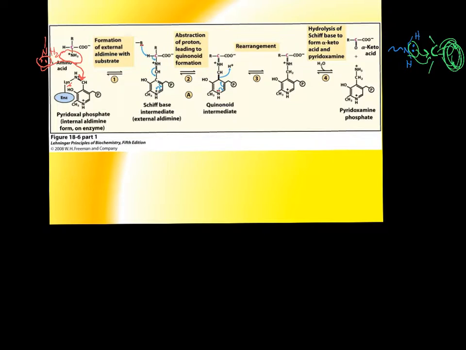And if it's got two barbs, like the two pointy parts on the arrow, versus the way that we do, so let me do it. Most of the time, actually, I don't want to misspeak. If it looks like this, that means both electrons are moving. If it only has a single barb, it means only one electron is moving. Okay.